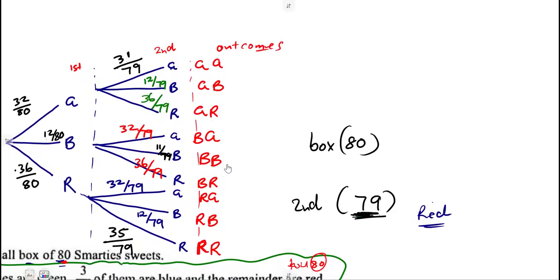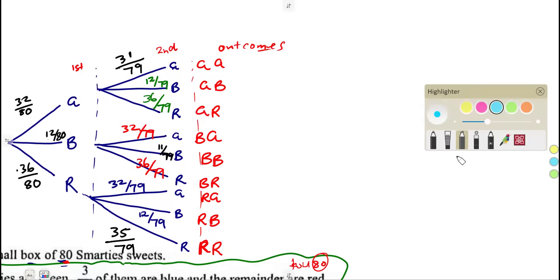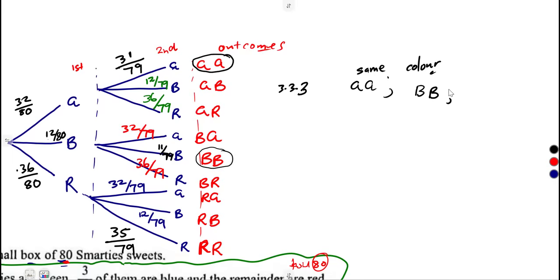If we are talking about the same color, remember, it happened twice, first and second. So it can be green, green, same color for the two. It can be blue, blue, same color. It can be red, red, same color.